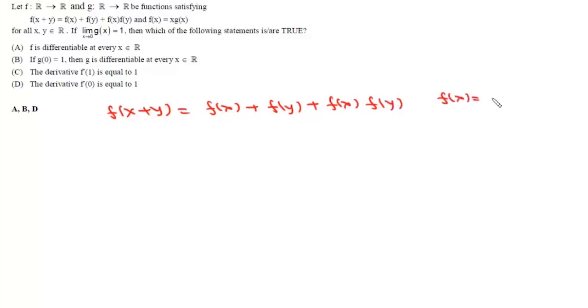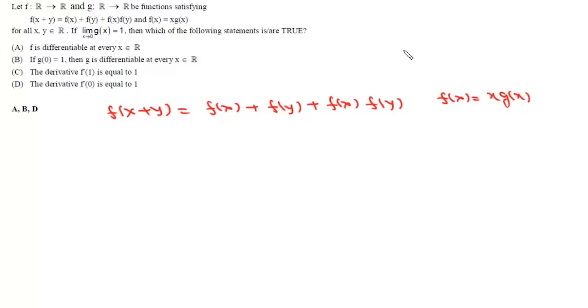Now here the question is, we are given two functions f and g, and it says f(x+y) equals f(x) plus f(y) plus f(x) into f(y), and f(x) is x into g(x).